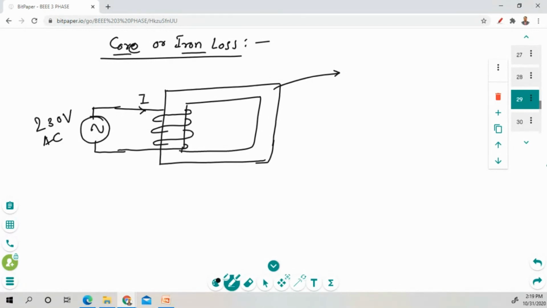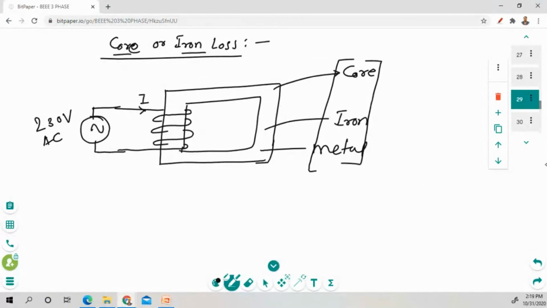We can call this the core, or we can call it iron, or metal. Any loss generated by these terms is called core loss, iron loss, or metal loss. How is this loss generated?